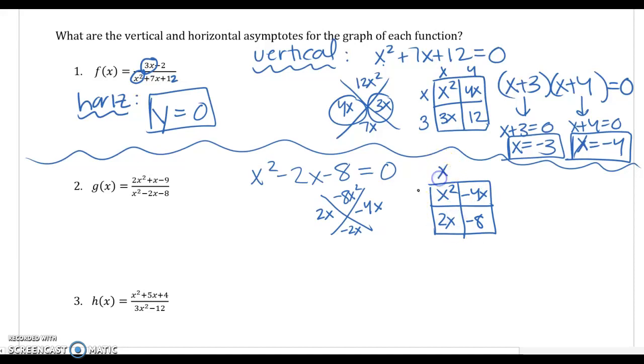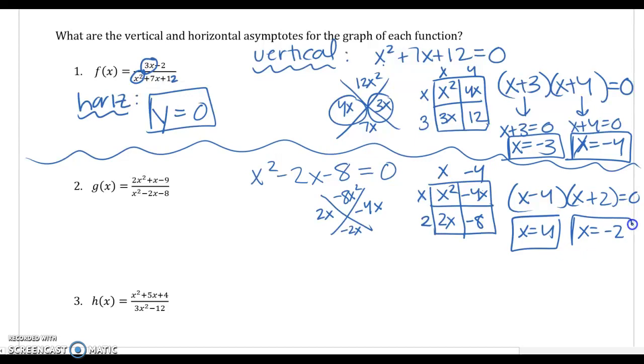We can pull out an x and an x, a 2 and a negative 4. We can multiply to make sure those work: x times x squared, x times negative 4, times x, 2 times negative 4, and they do. So we can rewrite as x minus 4 times x plus 2 equals 0. So x equals 4 and x equals negative 2 are our vertical asymptotes.